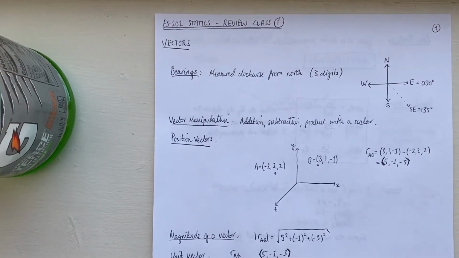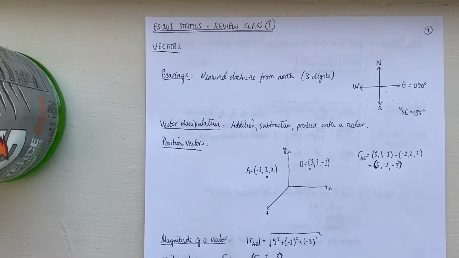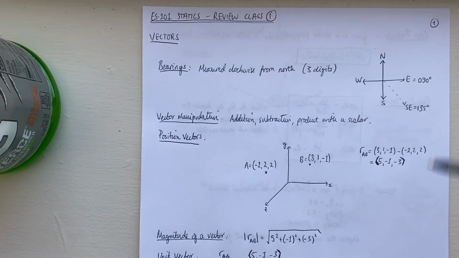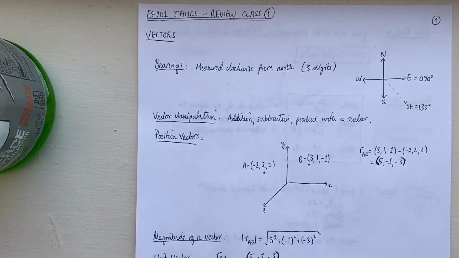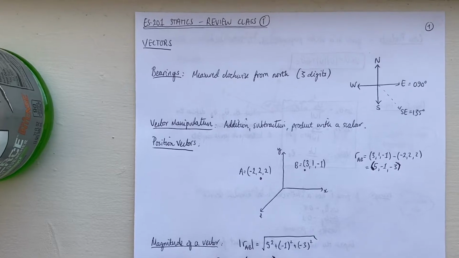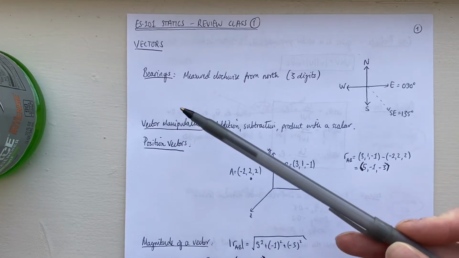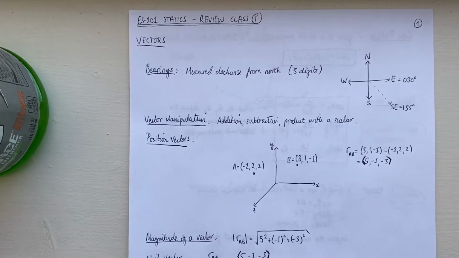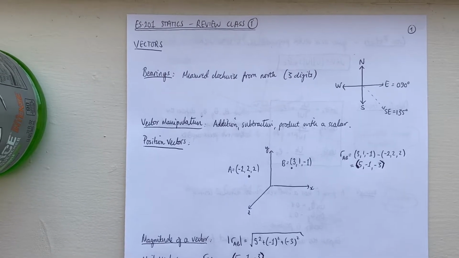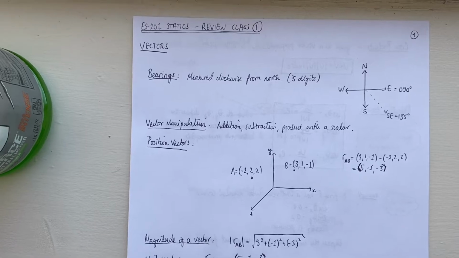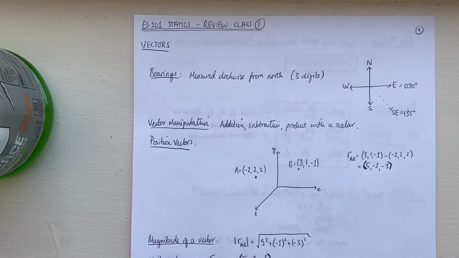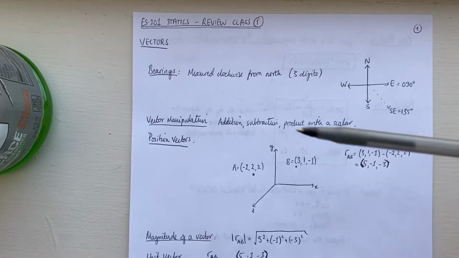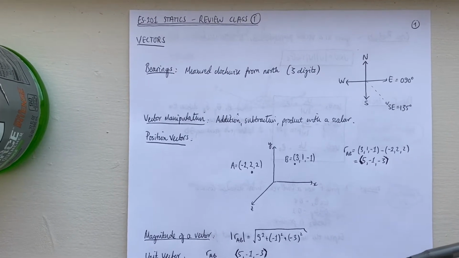So, starting with section 1 then, which is all about vectors. What I'm trying to do with these notes, which I'll upload to Canvas as well, as I have been doing, is try to address each of those bullet points that I gave in that typed document, and either give you a definition or something to jog your memory, or a quick example of how to deal with each of these bullet points.